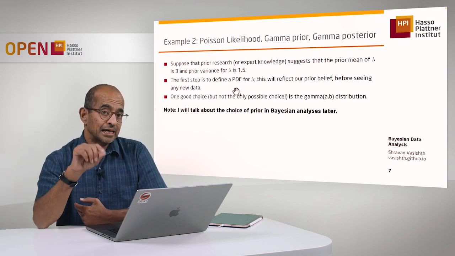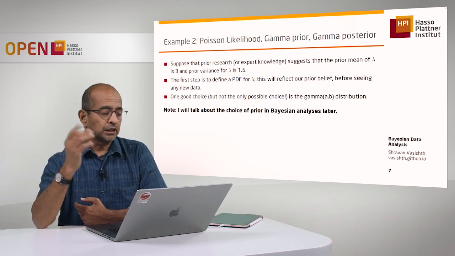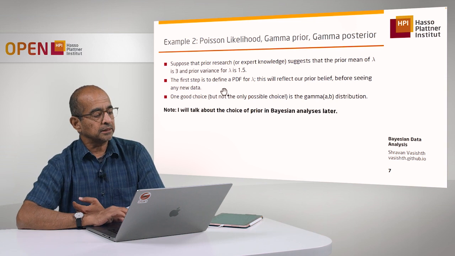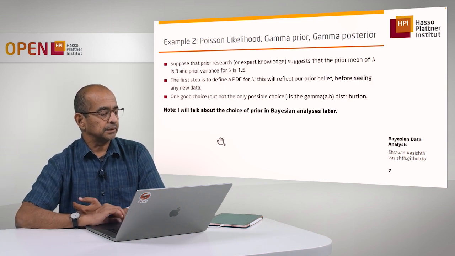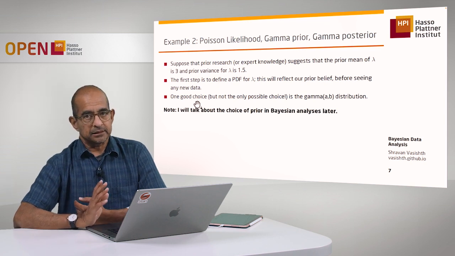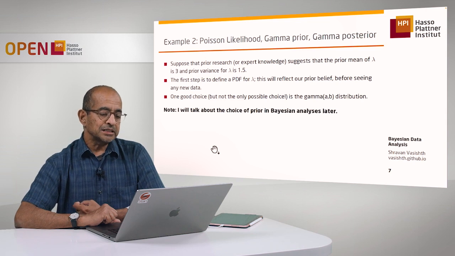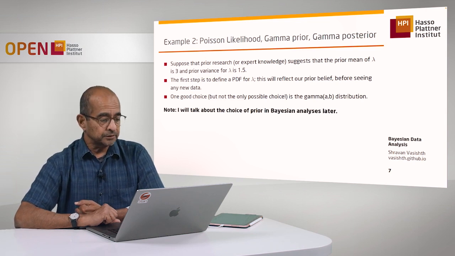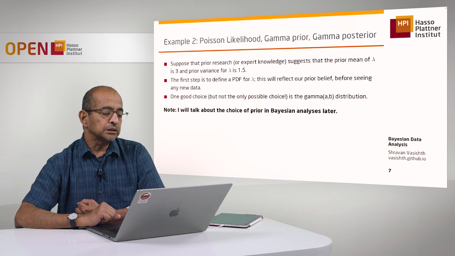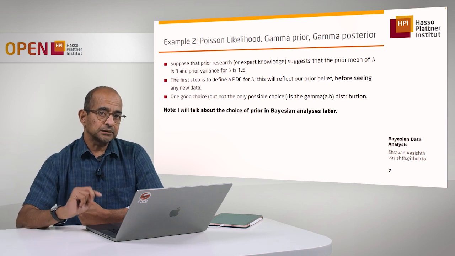And this prior has to reflect, or should ideally reflect, our prior belief or knowledge about lambda before we've seen any new data, right? So it turns out that one good choice for a prior for the lambda parameter is the gamma distribution, which I will explain in a minute. The gamma distribution is a continuous distribution, which is again defined in terms of two parameters, a and b.